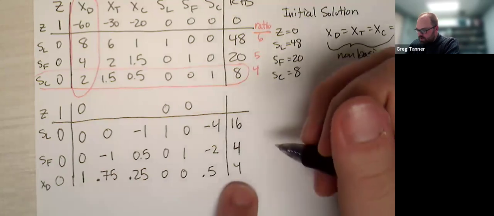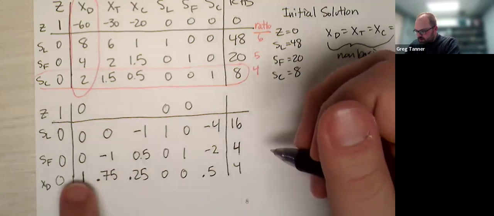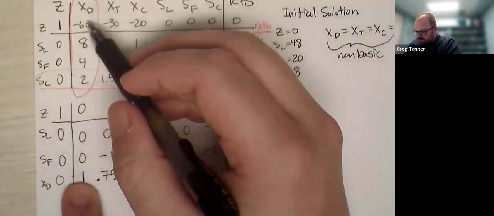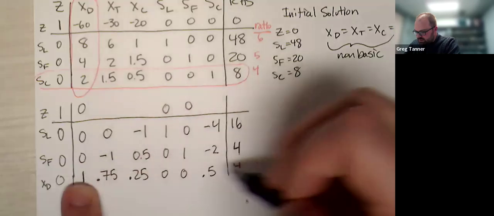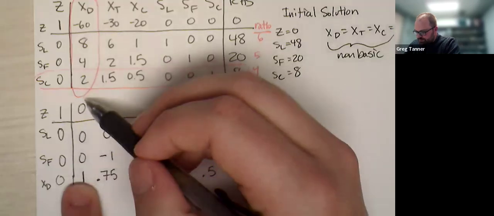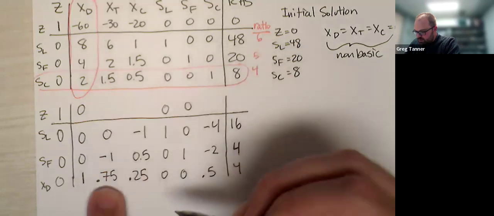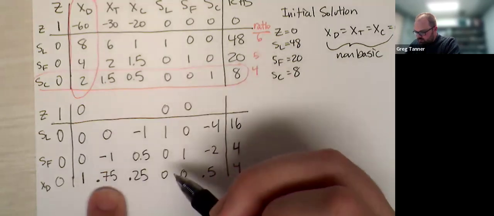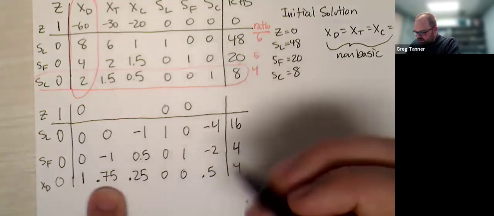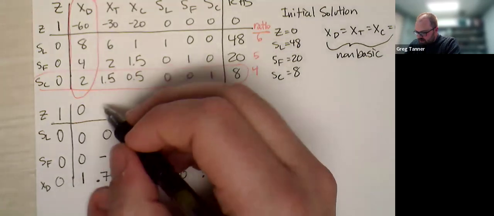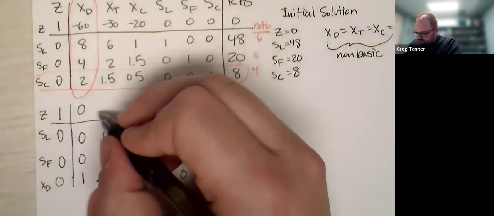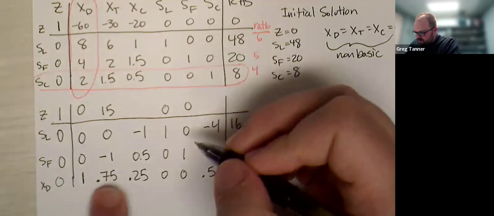Okay. And then top row, I want to put it as 0 here. There's a 60 here. So I'm going to do 60 times this row, add it up to the top. 75% of 60 is 45. Add that up to -30 gives us +15.